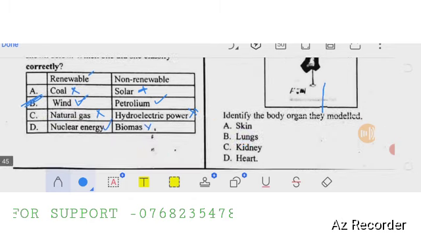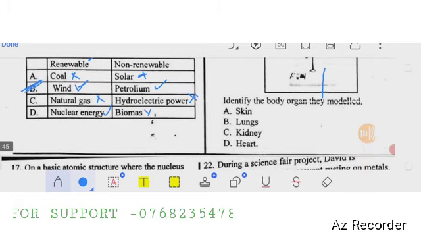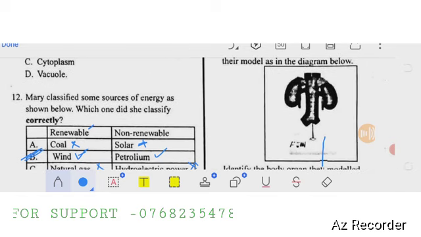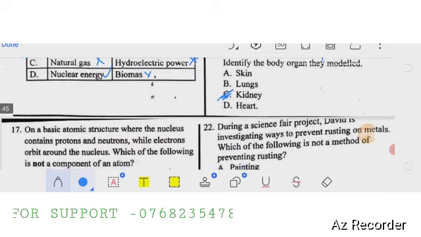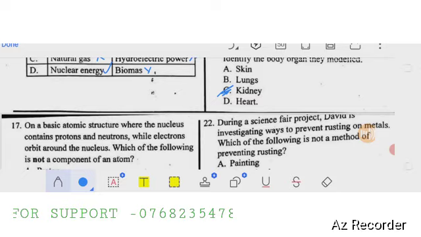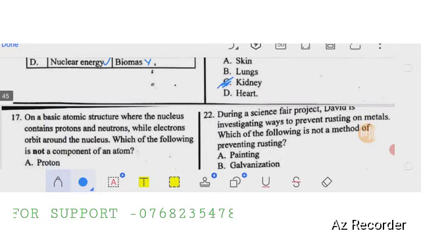This is the model of the kidney, because you can see these are the kidneys, left and right, and at the middle we have the blood vessels, and here we are talking about the renal vein and the renal artery.